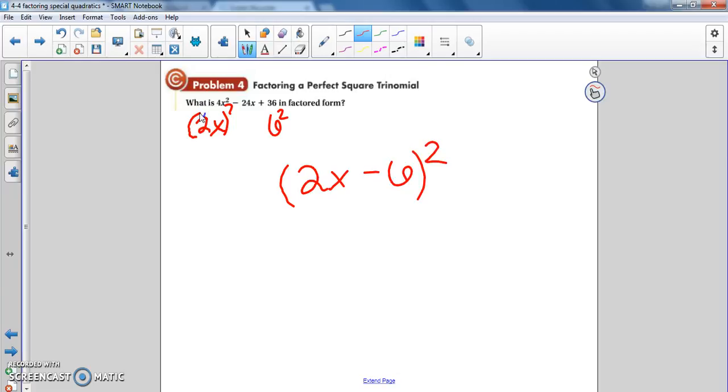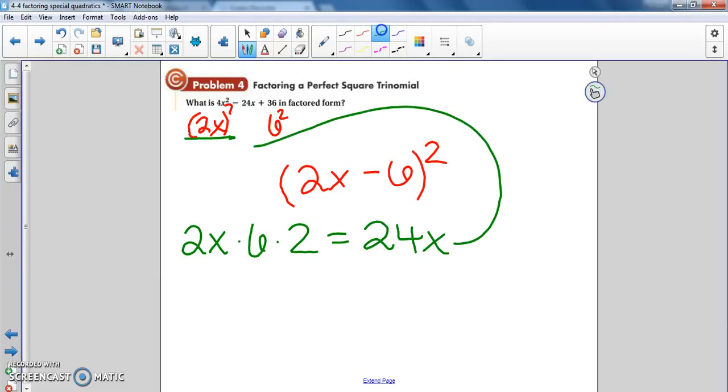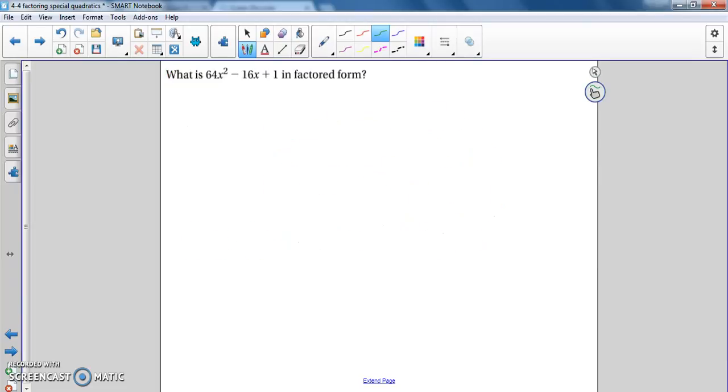The reason we can do that is because 2x times 6 times 2 is equal to 24x, which is our middle term. Since it's negative in our problem, it's negative when we factor in our binomial. You guys go ahead and try this problem on your own.